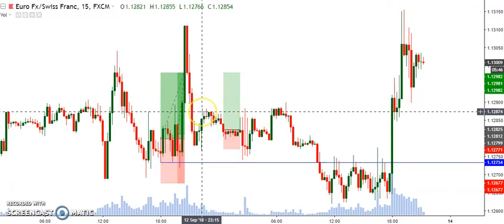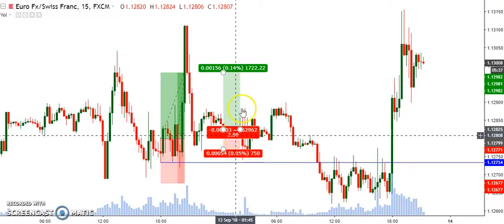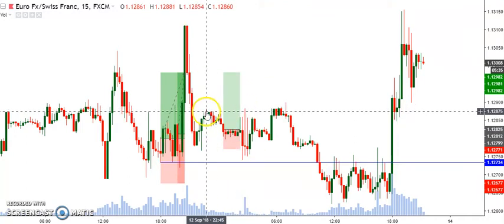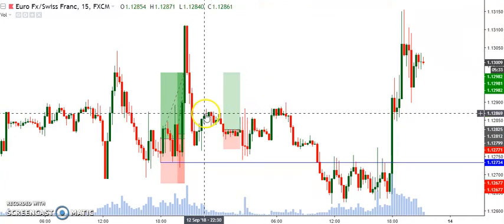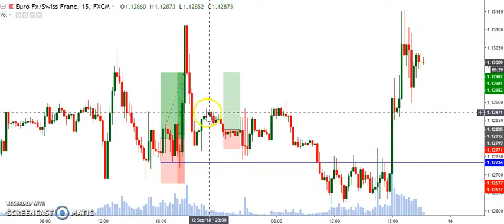So I think it makes sense for me to target, especially if I'm playing this accumulation from the bottom towards the top, the local high over here, especially since this is a fresh, untested resistance. There's been no test of this resistance so far.